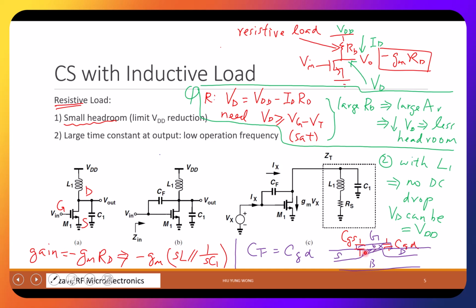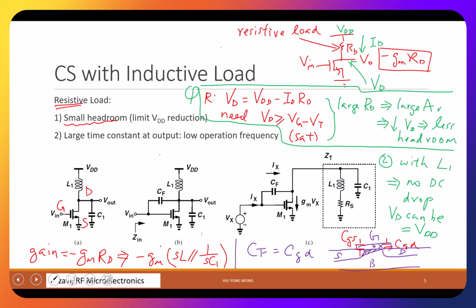This is a continuous plate because of the inversion charge, so they are all electrons. It's just one very large conductive plate overlapping with the gate. So CGS usually is large. Okay, so I introduced these two capacitors, CGS and CGD.